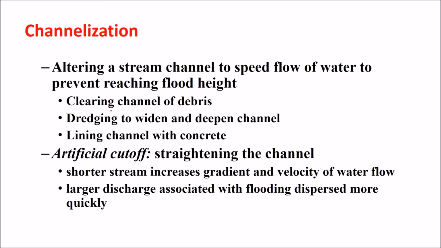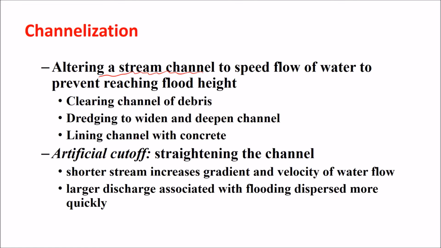That means altering the stream channels. Yeah, maybe we dig the channel to make the flow go in the direction we want, to avoid the natural direction, because in the natural direction it can cause impact to the people.